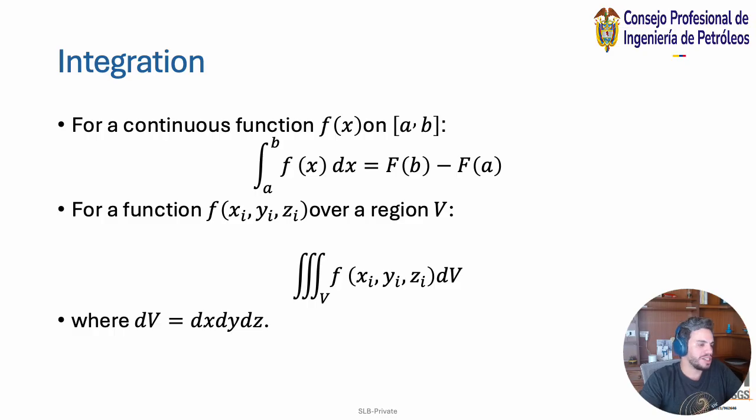We can see this in petroleum engineering concepts such as the pressure distribution across a given reservoir section, right? So in the one-dimensional case, you can think of pressure. And then differentiation and integration are basically inverse operations.